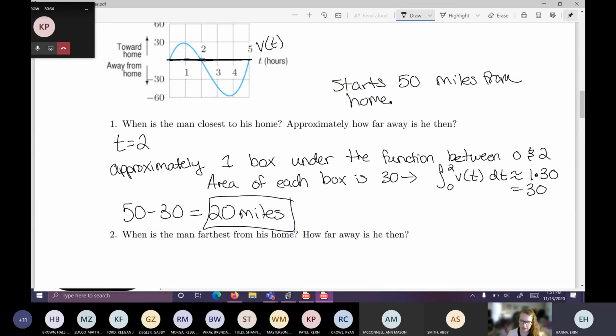So let's see how far away he is at 5, and then see if that's the farthest, or maybe he started the farthest away. We need to figure out how much he traveled between time 2 and time 5, 2 hours and 5 hours. So we need to find the area below the x-axis for this function. Let's do the count boxes way again.